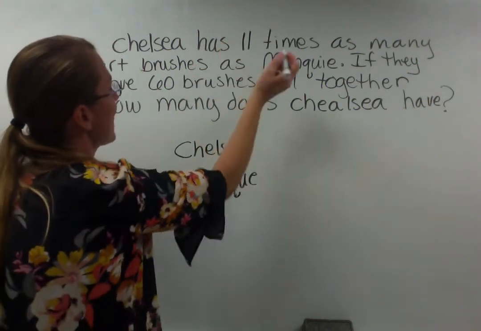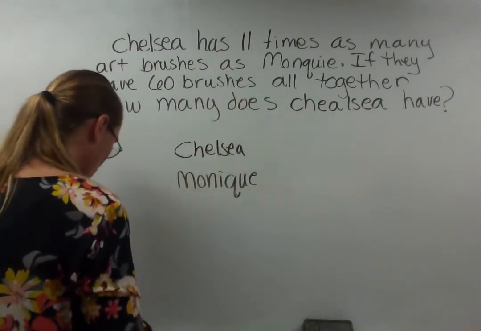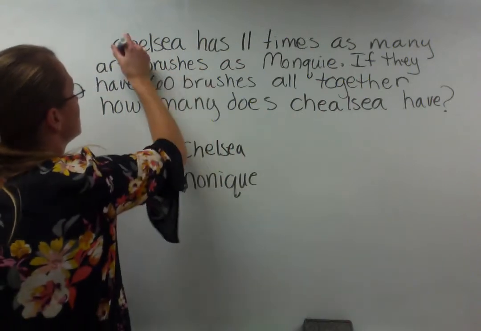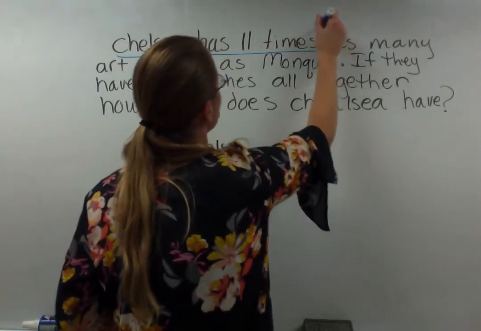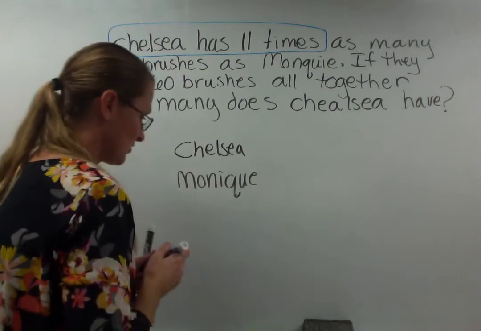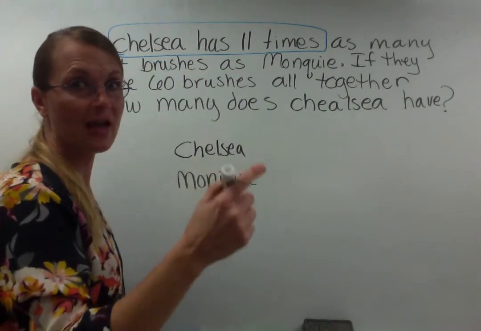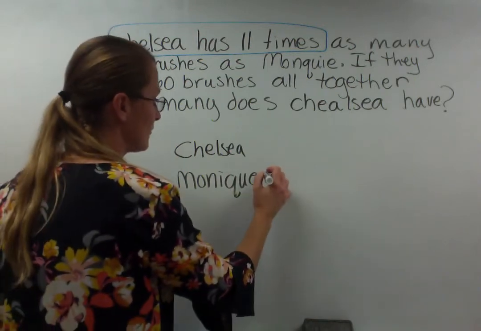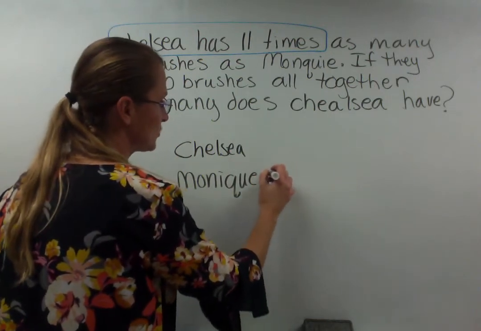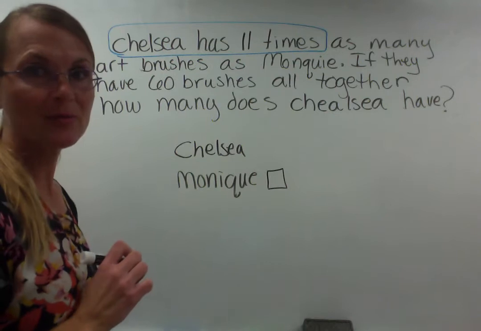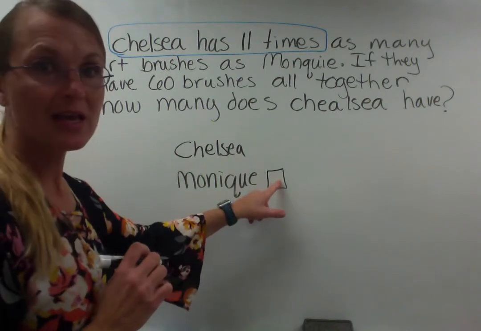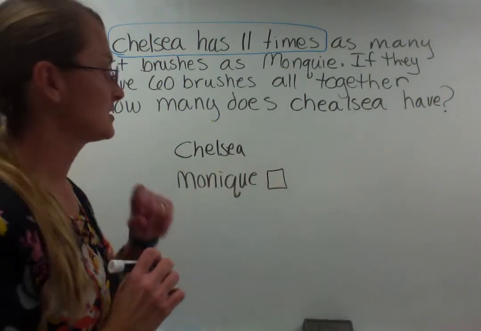Chelsea has 11 times as many as Monique, so that means whatever Monique has, Chelsea will have 11 times more. So let's draw one box to represent how many brushes Monique has. So Monique has this many brushes in this box.